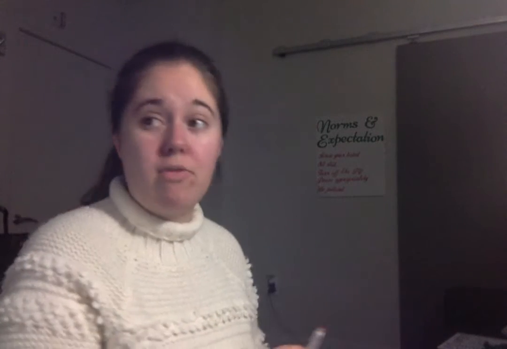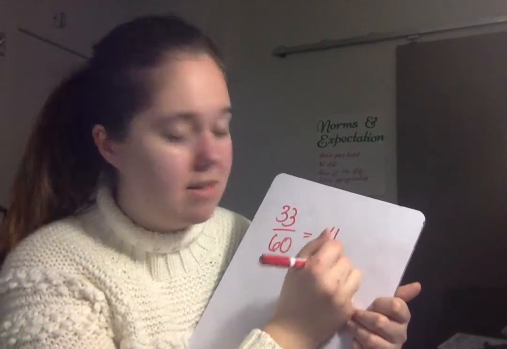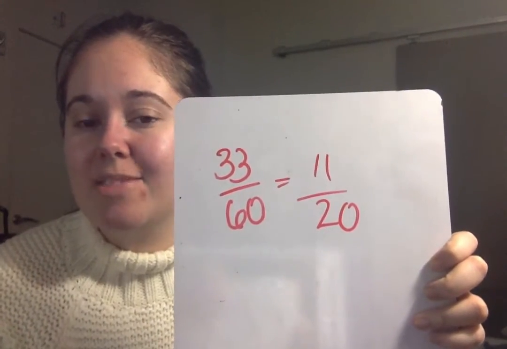Because he says 2:33. 33 minutes would be 33 over 60, which is the equivalent of 11/20. That's right.